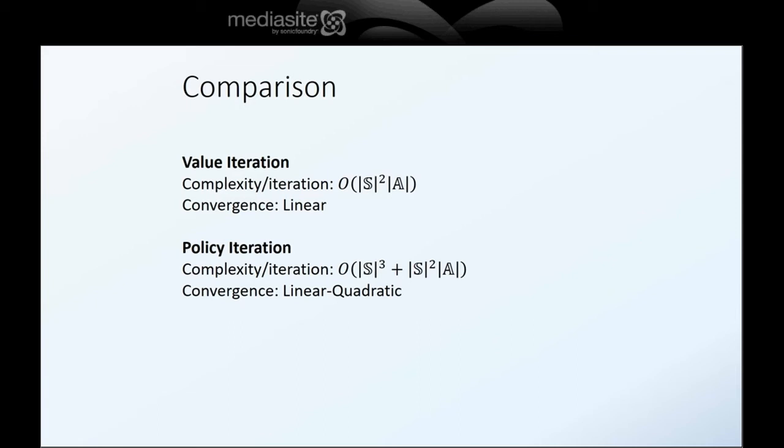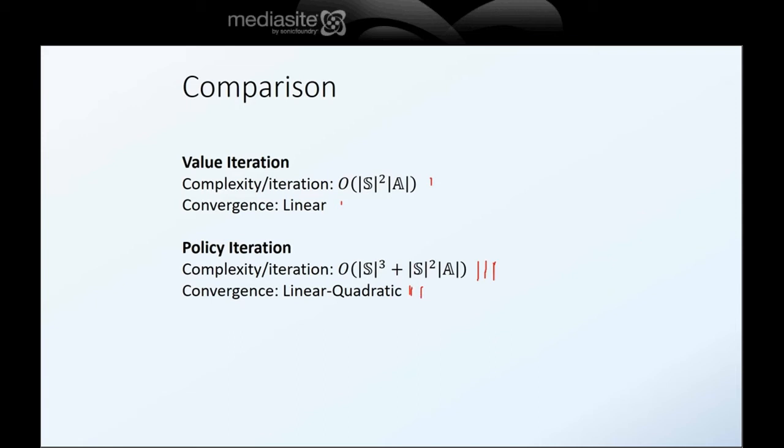Although the other for loops inside the outermost loop have a higher complexity in policy iteration, it so happens that the outermost loop will be executed fewer times in comparison to value iteration. So that's a trade-off. You have more work in the inner loops in policy iteration, but the outermost loop terminates earlier.